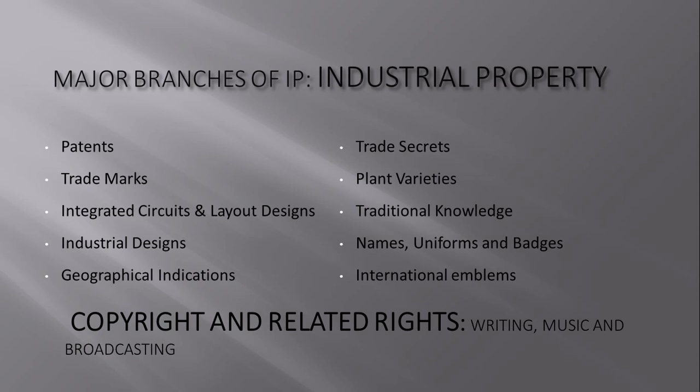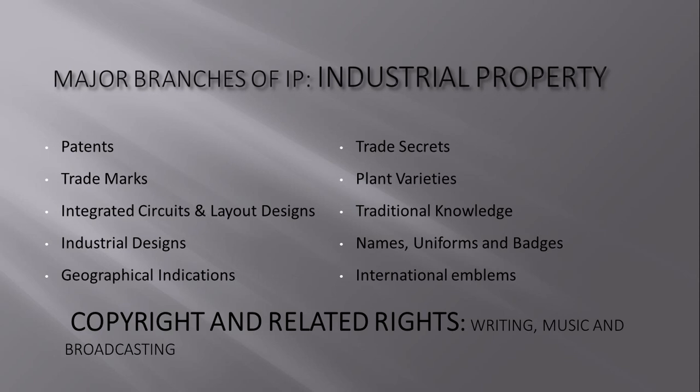So let's go a little bit deeper into the various branches of IP so that we see why intellectual property is the knowledge of the day, or the business of the day. Like I said earlier, we have two main branches of IP, which are industrial property and copyrights and related rights.